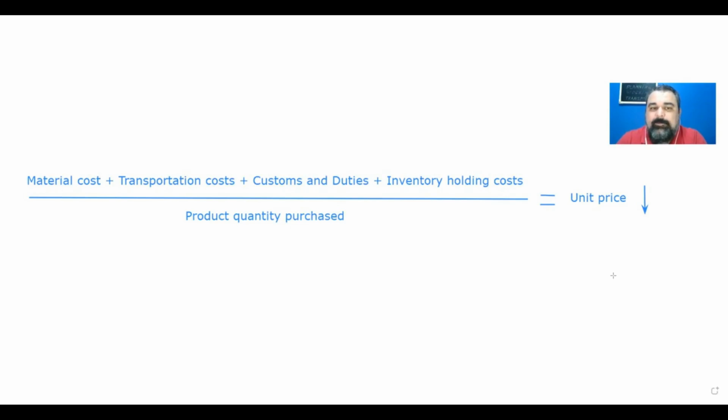So this is how you reach this balance between transportation, inventory, and planning costs. So every logistics professional must seek the lowest possible unit price for his company with low risk of supply chain disruption.